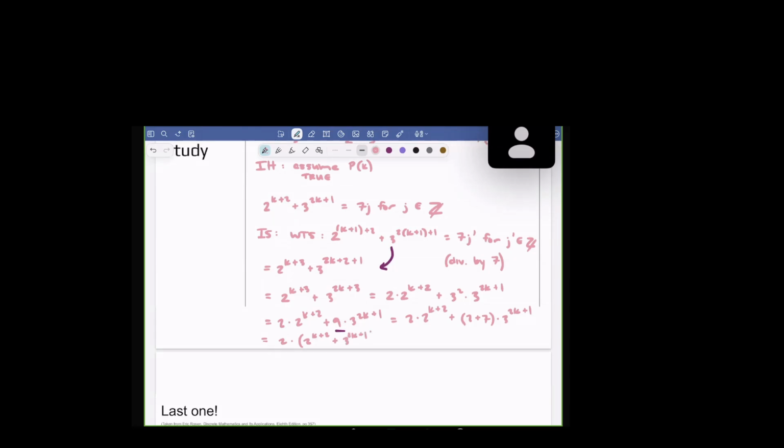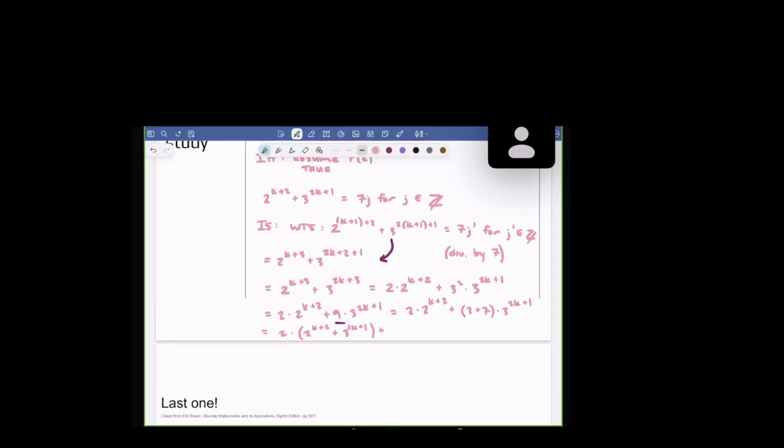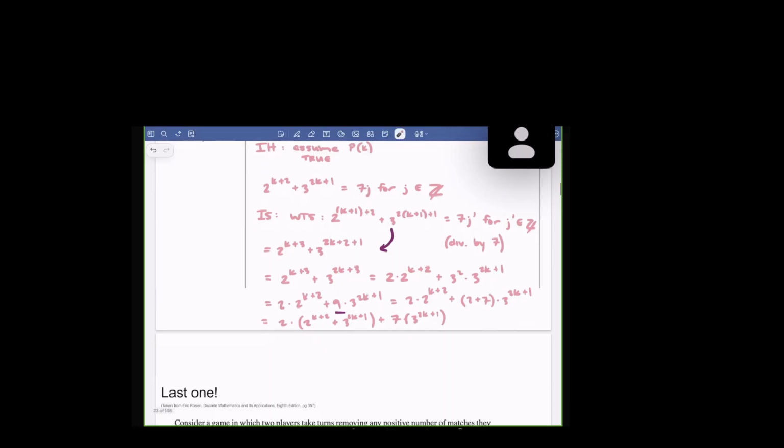Sorry for my teensy handwriting, I'm running out of space. Plus 7 times 3 to 2k plus 1. Right, because all I did was I split it into 2 plus 7, and then I took this 2 here, and this 2 here, and then I moved them all to this one term.